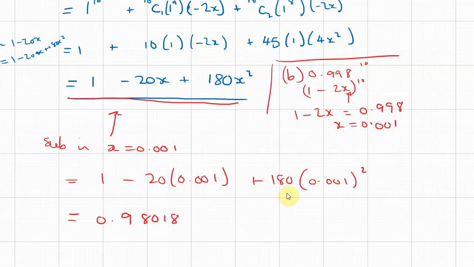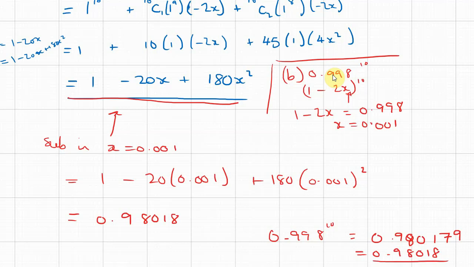Well, we want to compare this with what 0.998 to the power of 10 would actually be equal to. When I put that into my calculator, that's going to be 0.980179, so to 5 decimal places, yep, exactly the same to 5 decimal places, so we've shown that they are the same.